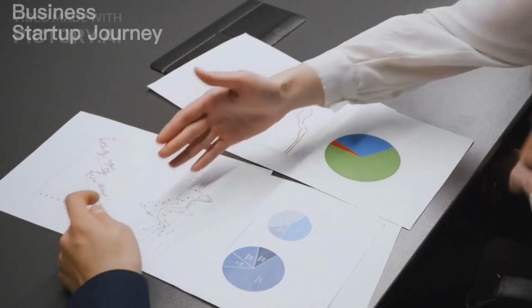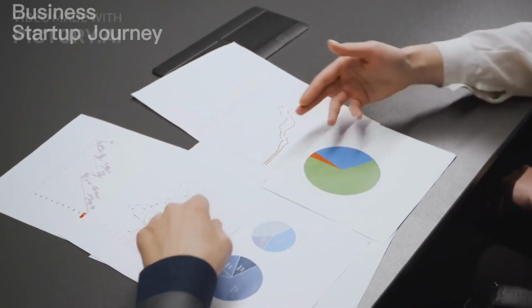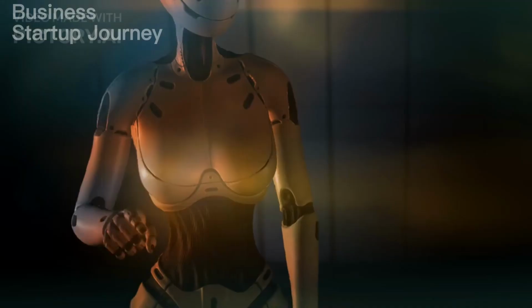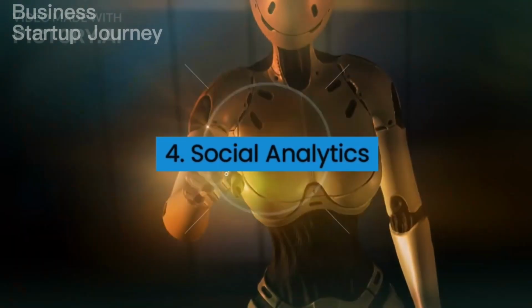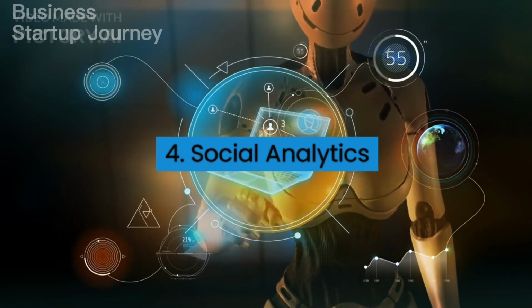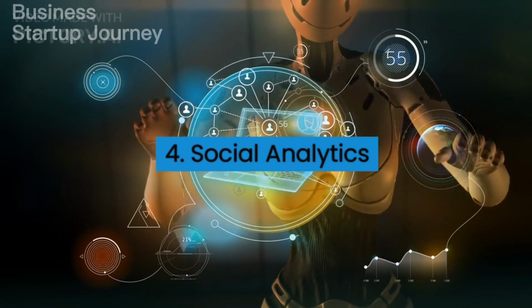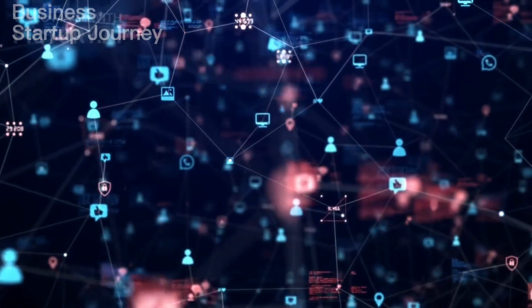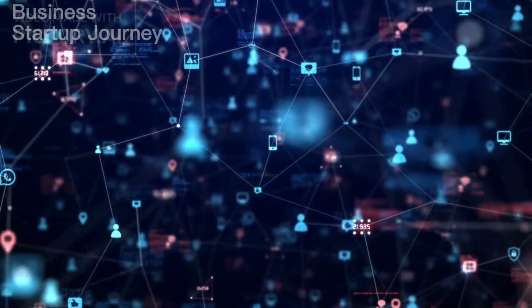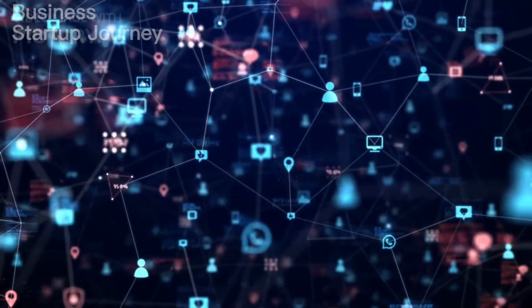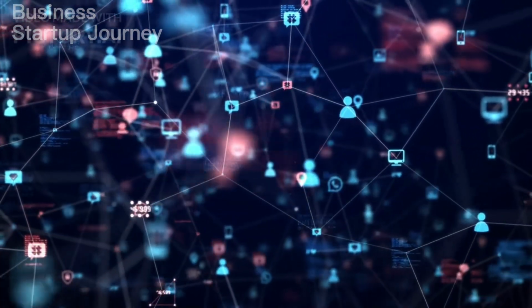This could be making a purchase, subscribing to a newsletter, filling out a form, etc. 4. Social media analytics. If you're using social media, use the analytics tools of these platforms to measure metrics like engagement, likes, comments, shares.